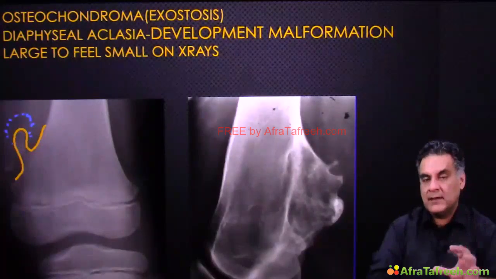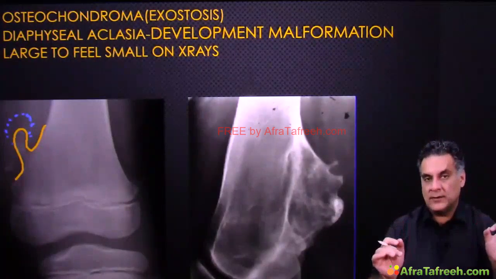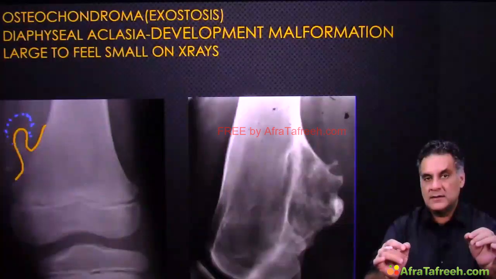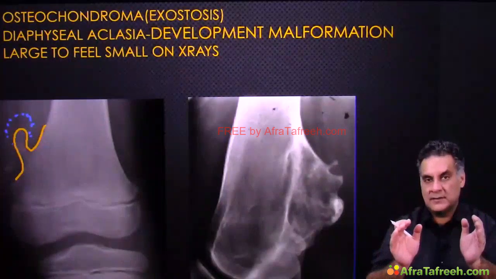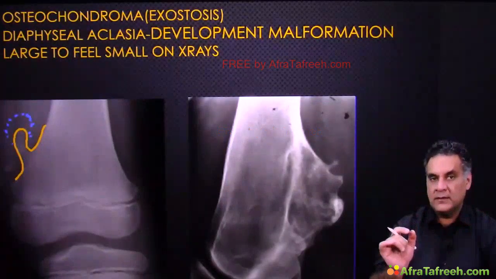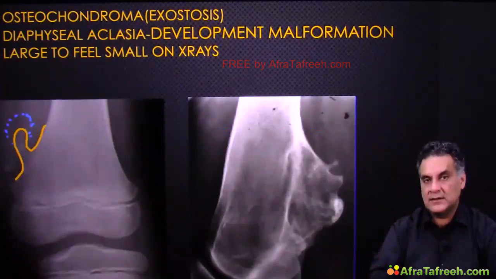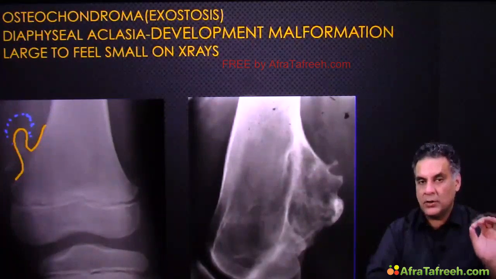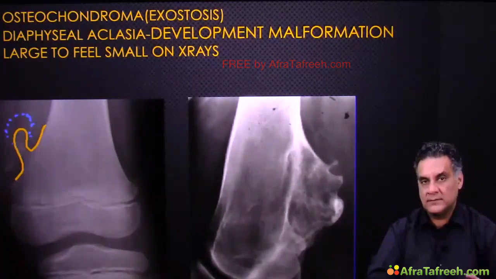That is why when you touch this osteochondroma, you will feel the bone and you will feel the cartilage. When you take an x-ray of it, you will only see the bone. You will not see the cartilage. That is why they are large to feel, small on x-rays.